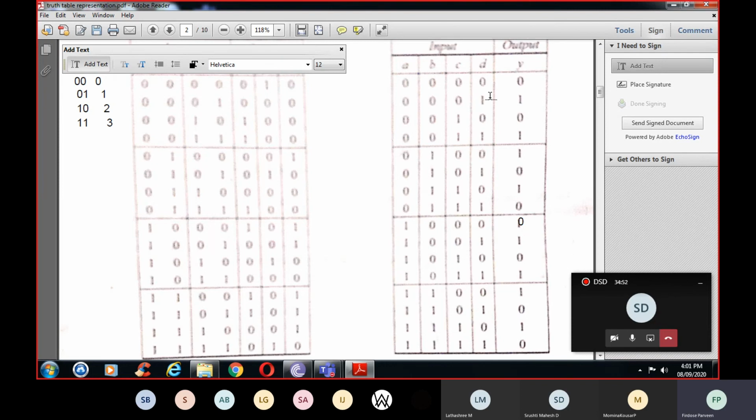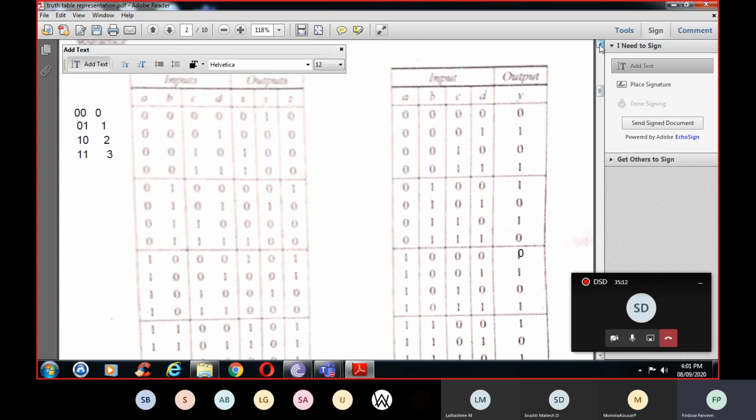So y is equal to summation 1, 3, 4, 6, 9, 11, 12, 14, because 1 is there at those places. In the same way, for this truth table, as it is having 3 outputs, there will be a different decimal notation for x, for y, and for z. So for x, where it is 1, you will see and write the decimal notation.